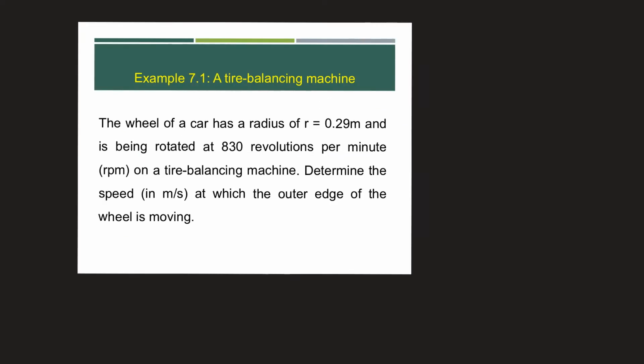Let's apply the formula that I already mentioned before. Now the question asks you to determine the speed in meters per second at which the outer edge of the wheel is moving. The question already gave you the radius R, which is 0.29 meter, and the wheel is being rotated at 830 revolutions per minute.